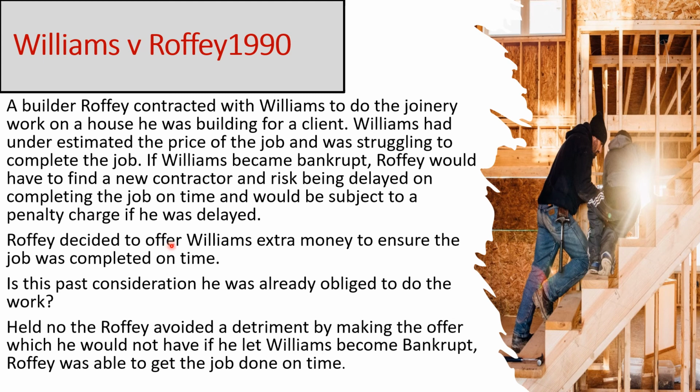Williams was entitled to go bust and say, I can't do it, and he would have lost the money and he would have gone out of business. But he didn't, and he relied on Roffey's promise of extra money to allow him to complete the job on time, so that Roffey didn't get penalised through the penalty clause in the contract.